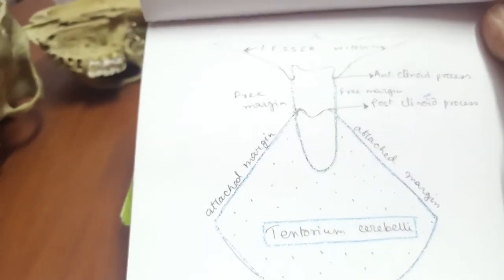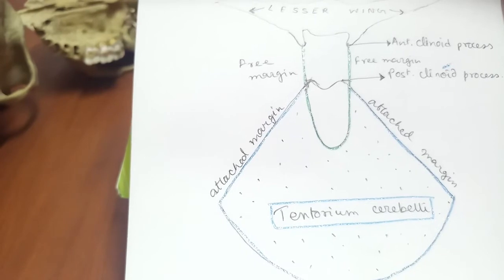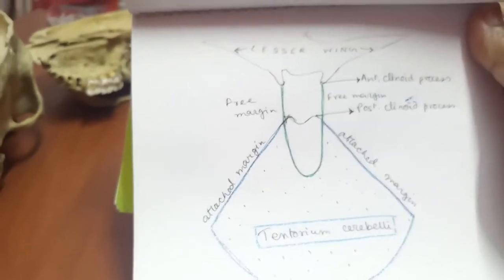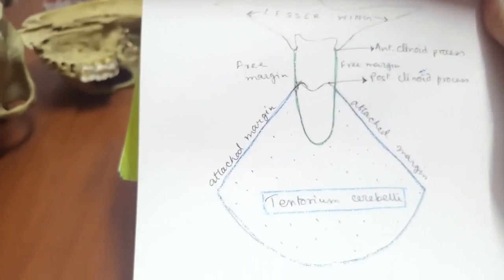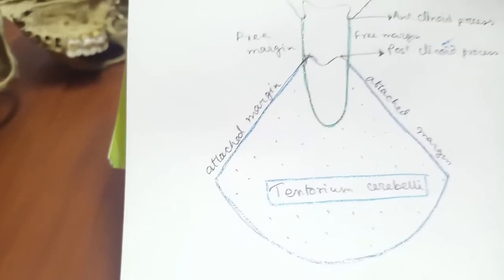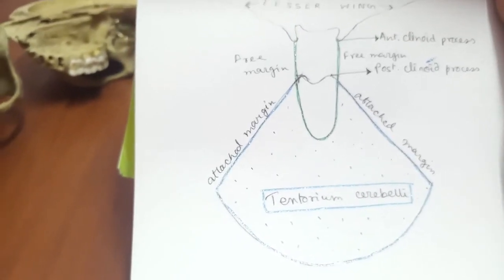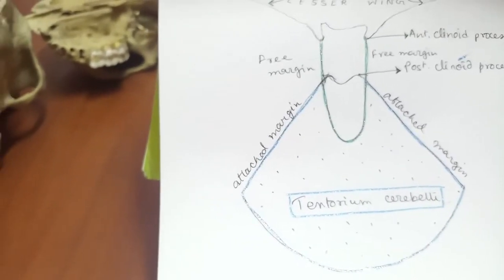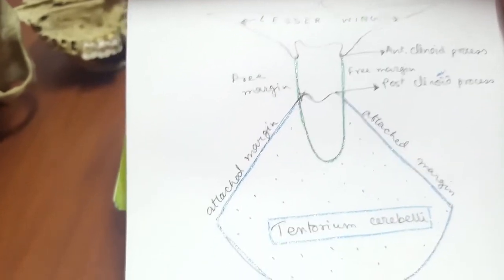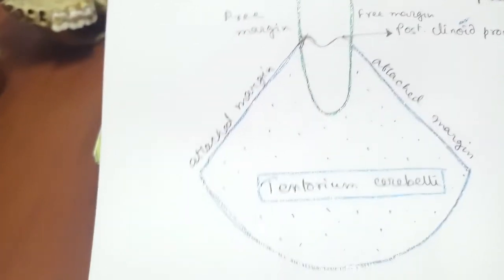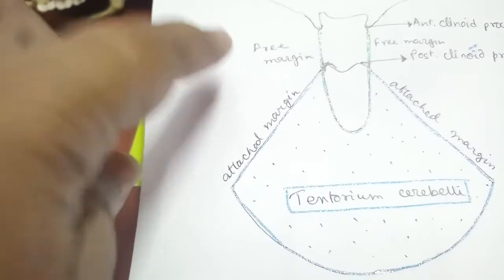See, from the anterior clinoid process you will find one green line I have drawn, which is a U-shaped line. It shows the free margin attachment of the tentorium cerebelli. And from the posterior clinoid process, posteriorly, you can find the attached margin.